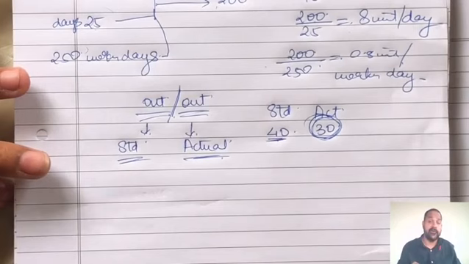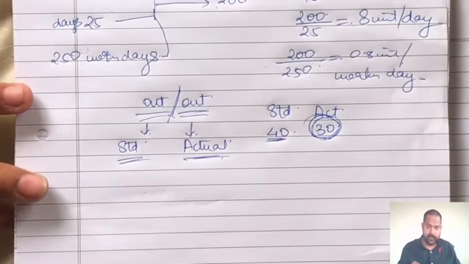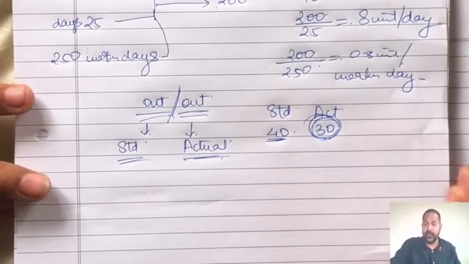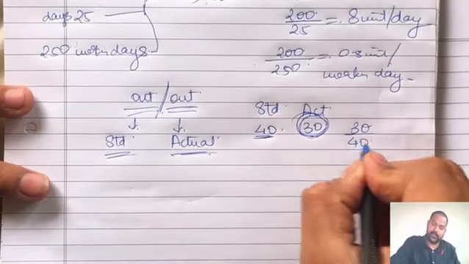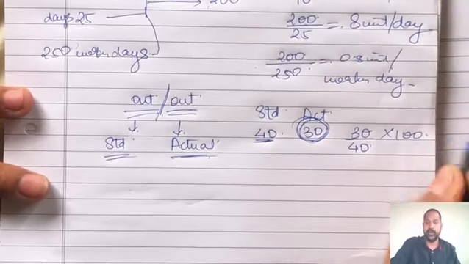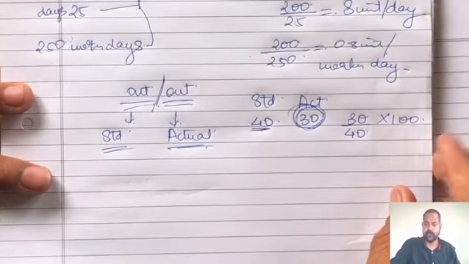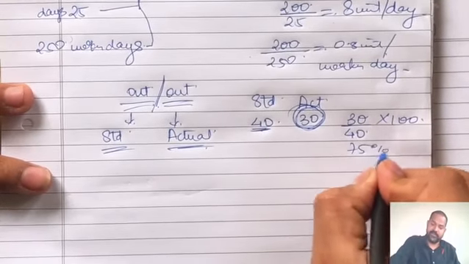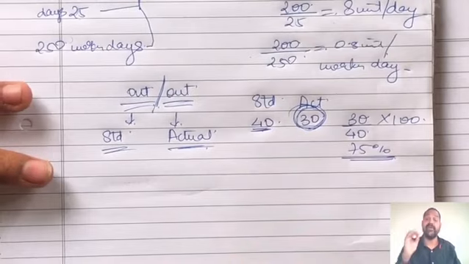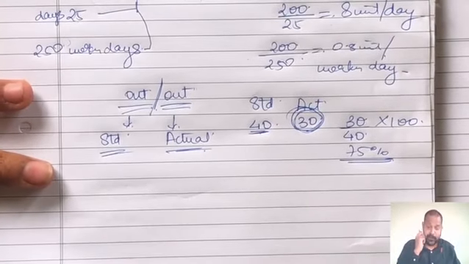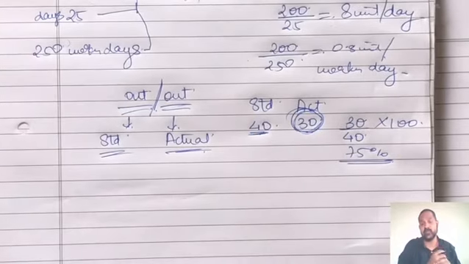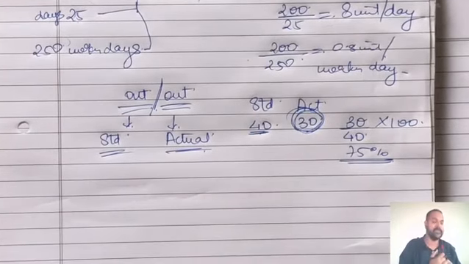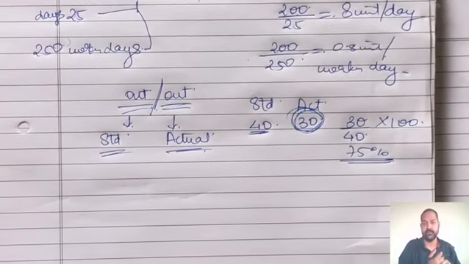So for a productivity of below 100, when I take a ratio between the two, shouldn't the smaller be on top and the bigger down into 100? So that is 75%. I am only 75% productive because I am only giving you 75% of the standard output.